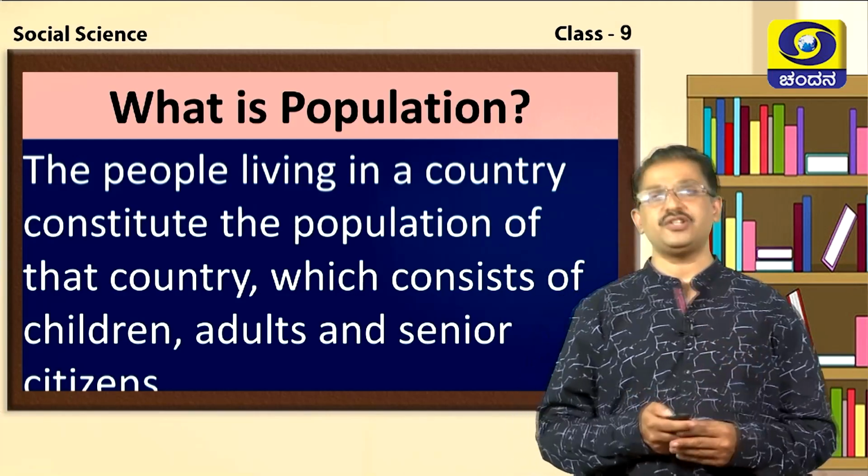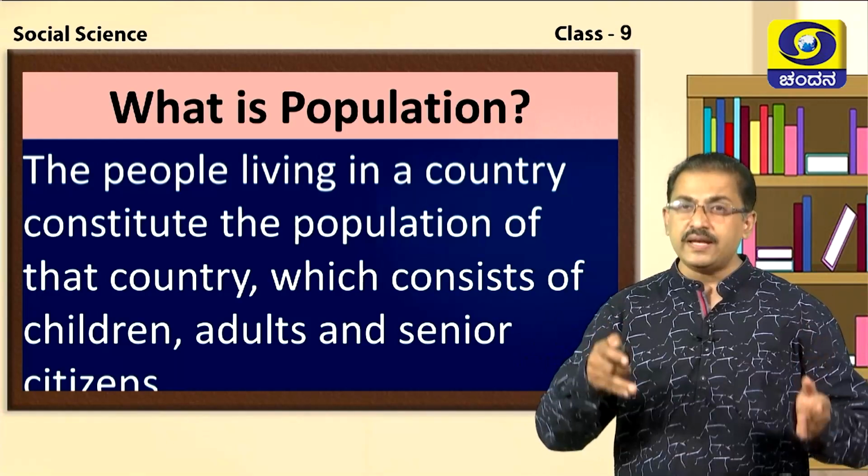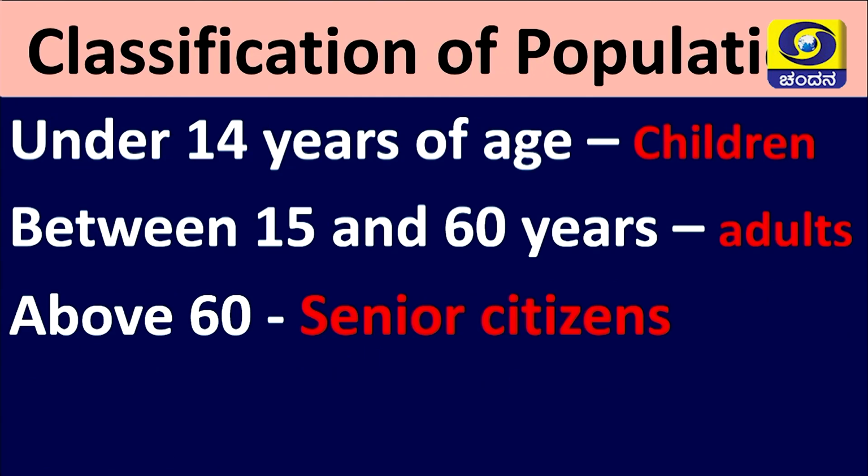What is population, dear students? The people living in a country constitute the population of that country, which consists of children, adults and senior citizens. Then what is the classification of population that we do?